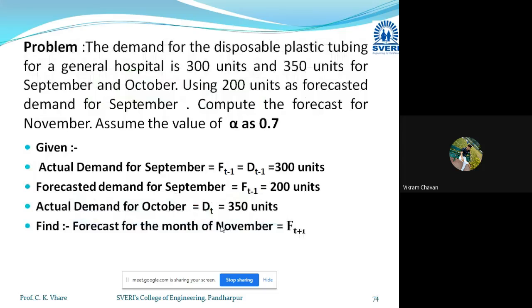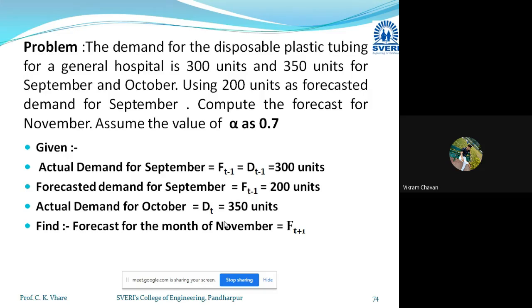The problem is on this particular method, where alpha is 0.7, and the actual demands for the September and October months are provided. The forecasted demand for the September month is also provided. Then we have to find the forecasted demand for the November month.